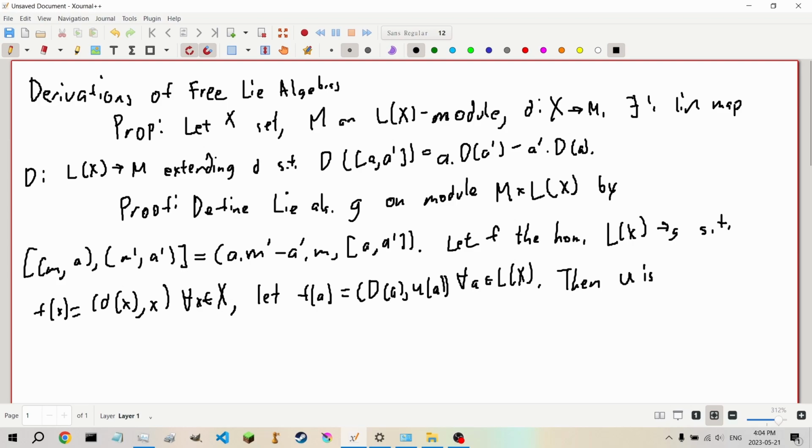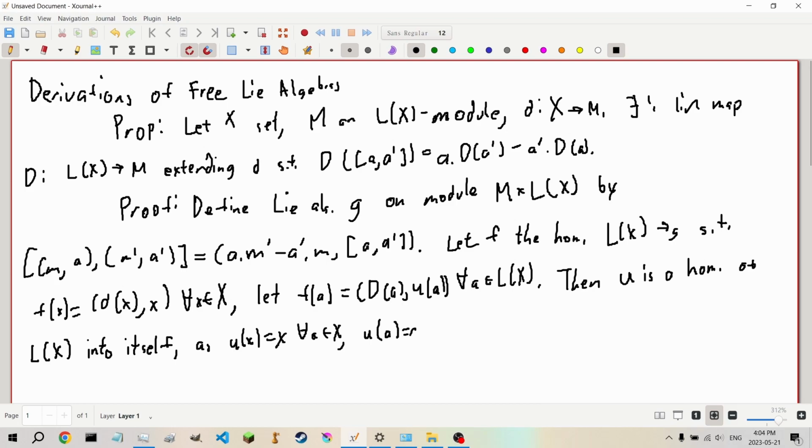Then U is a homomorphism of LX into itself, as U of x equals x for all x in X, so U of a is a for all a in LX.